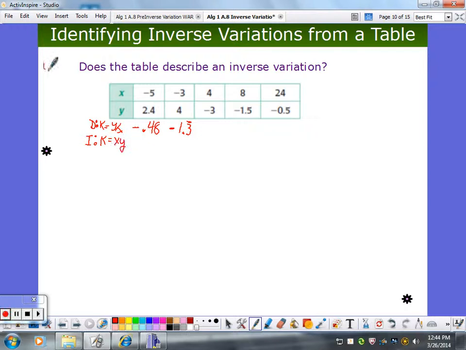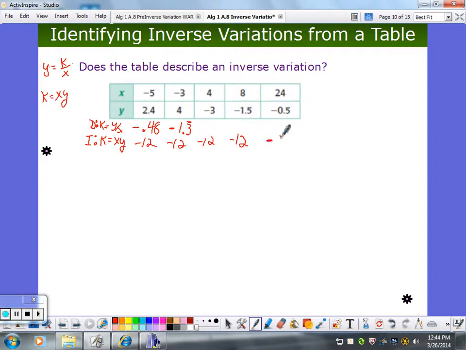xy. Because if y equals k over x, to solve that for k, we multiply both sides by x. So let's see what we get. What is negative 5 times 2.4? What is negative 3 times 4? 4 times negative 3. 8 times negative 1.5. 24 times negative 0.5.